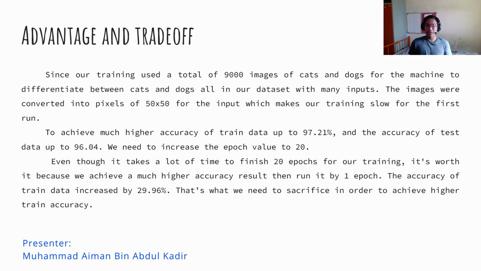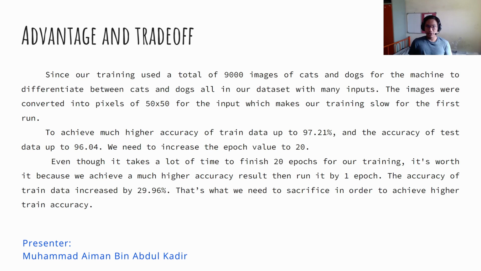Next, advantage and trade-off. Our training used a total of 9,000 images of cats and dogs for the machine to differentiate between cats and dogs, with many inputs in our dataset. The images were converted into pixel form of 50 times 50 for the input, which makes our training slower for the first run.